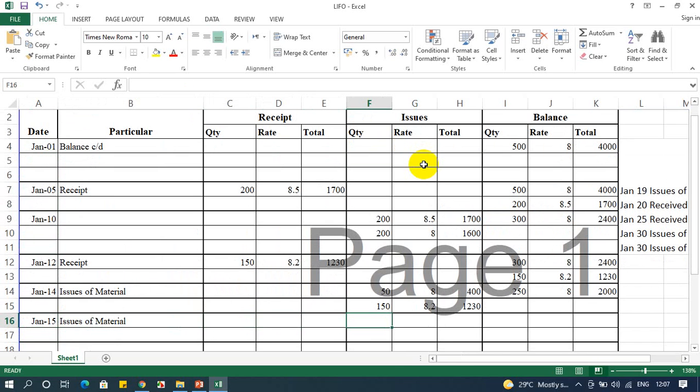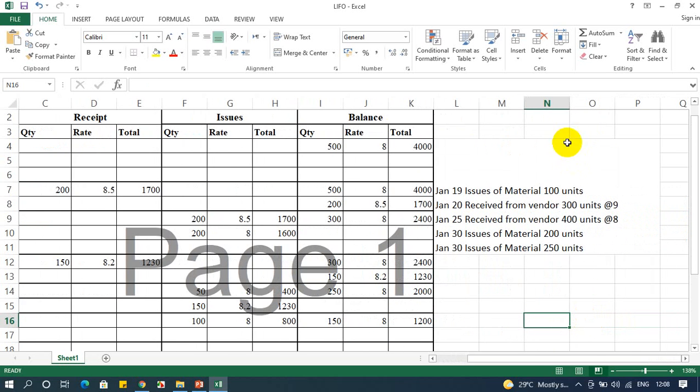So how much have we issued? 100 units. How much do we have? Yes, we have 200 units. So 100 units we will issue from the 250, rate is 8, that will become 800, and the left amount from 250 is 150 units. The rate is 8, and then the amount will be 1200, right? So this is how to get the rate.